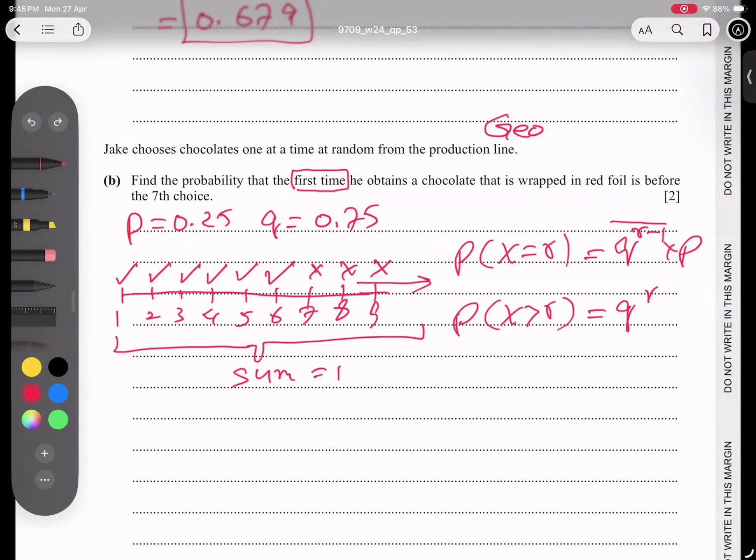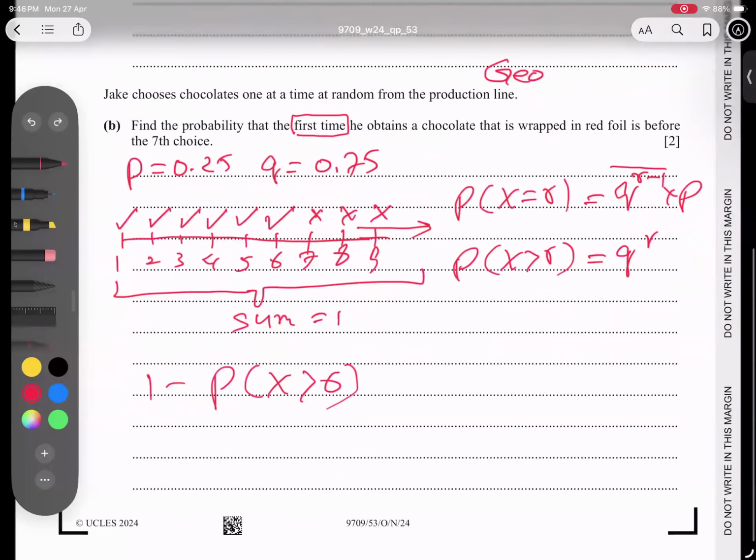So I need these basically. The formula we have is more than R. Can I call this more than 6? Exactly. So we can find the probability of more than 6 easily with this formula, students, and subtract from 1, we will get our answer. So this is the plan, and I'm doing it now.